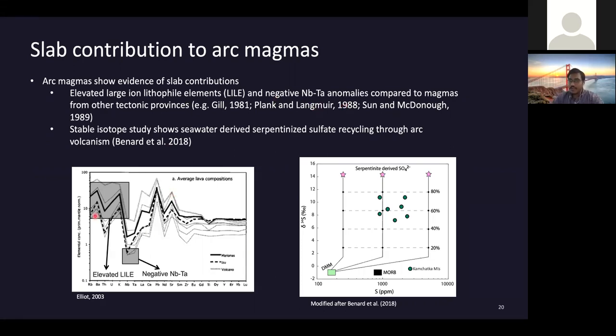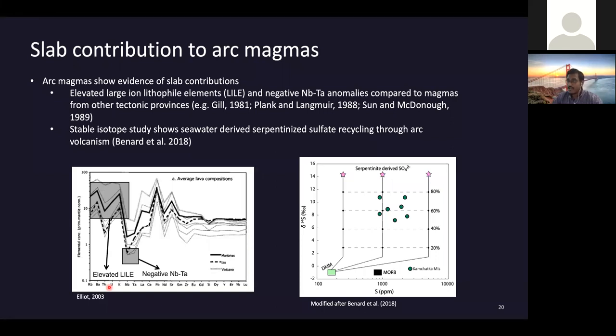In the figure on the left, we see that large ion lithophile elements like rubidium, barium, thorium, and uranium are higher in arc magmas compared to magmas from other tectonic provinces. The reason behind this is that these elements like rubidium, barium, thorium, and uranium are large ion lithophile elements and they are fluid mobile in nature. Thus, when fluids are transferred from the subducting slab onto the mantle wedge, these elements also get transferred along with them.